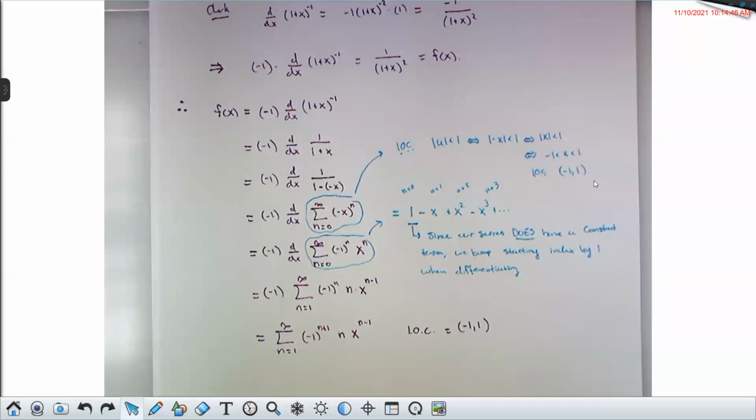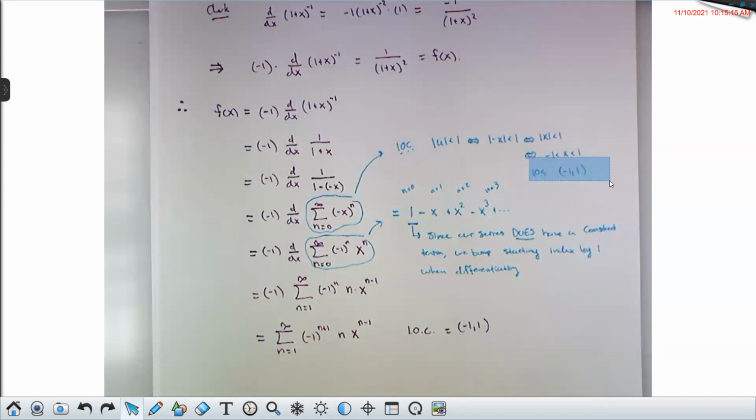And while you could take the time to check this using the ratio test, you really don't want to, because, for example, on an exam, you will run out of time. So these are theorems that you should know, because they are big, big time savers, right? I do not want to run the ratio test and then test endpoints all over again. We just know that I started with the IOC negative 1 to 1, so the endpoints for my new IOC have to stay negative 1 and 1.